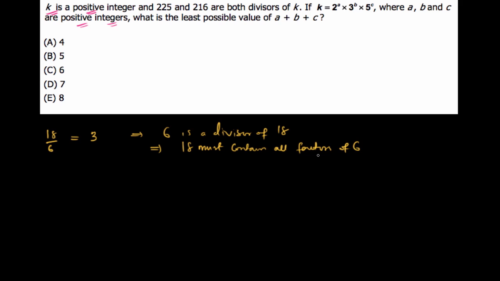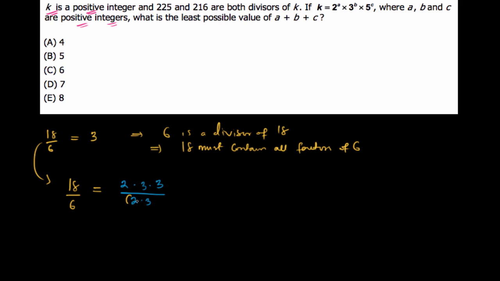Now what do we mean by this? Let's look at the whole scenario again. So you have 18 divided by 6. Now 18 is the same thing as 2 times 3 times 3, and then divided by 6. The prime factorization of 6 is 2 times 3.